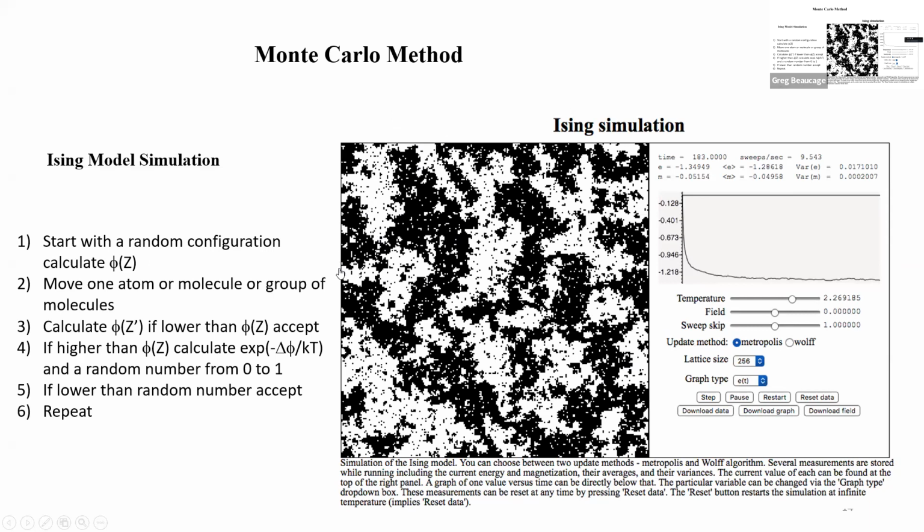For 2D, it's simpler than 3D. 3D is a bit more, but 2D is pretty easy to do. And you can vary the temperature because it's going to be per kT, so the temperature governs your decision whether to accept or not accept. So you can get a phase separation from it. This looks a lot like spinodal. You get spinodal structures.